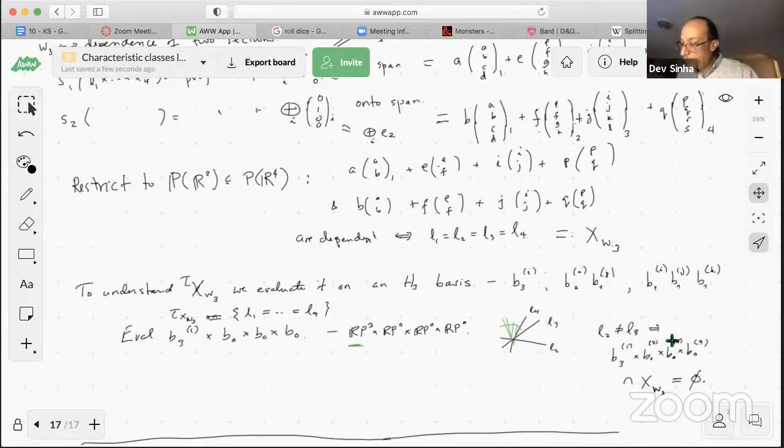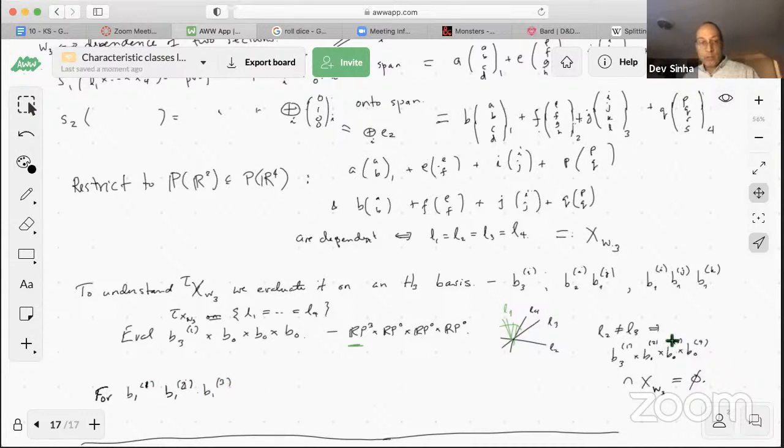But so this is my picture of L1 is allowed to move around, L2, L3, L4 are fixed. For B1 cross B1 cross B1, again, here we want to be in RP2, or sorry, RP1, for B1 I cross B1 J cross B1 K. Let's even do 1, 2, 3.